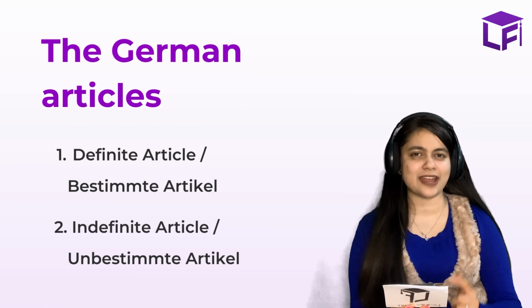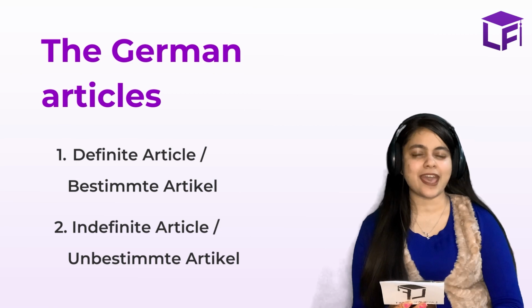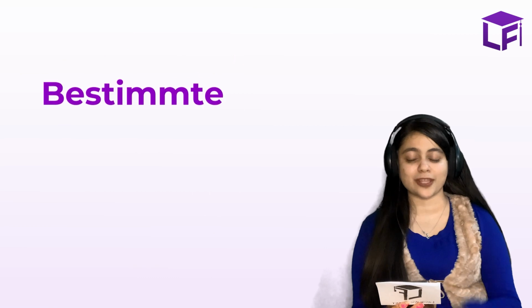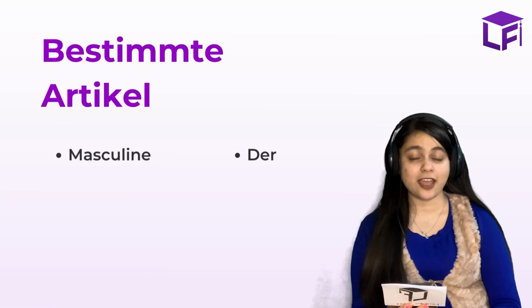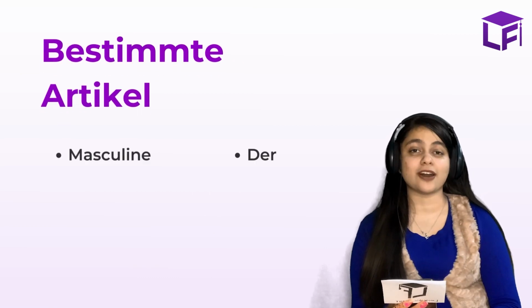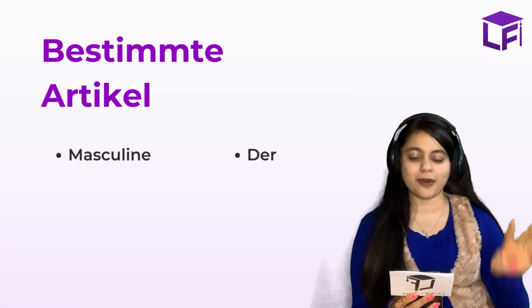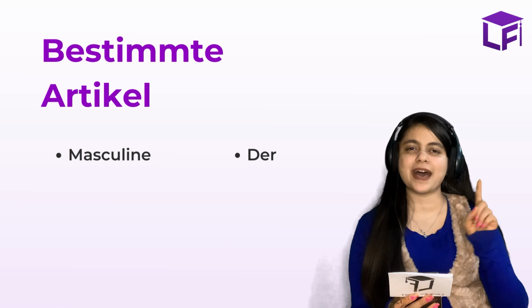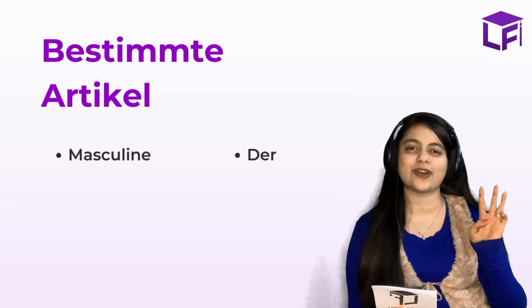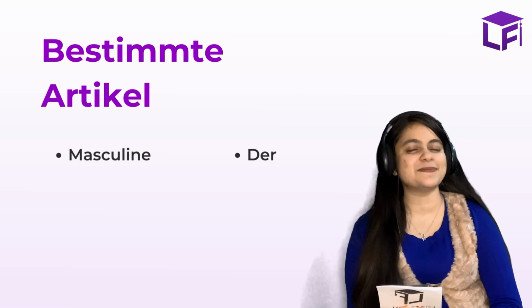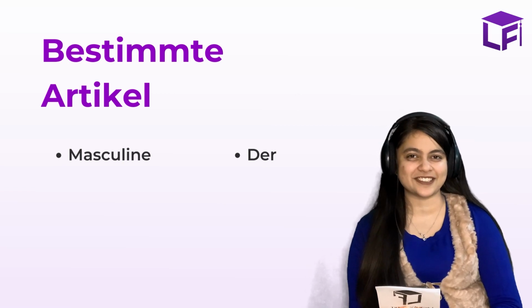Now let us understand what bestimmte articles are like and what the unbestimmte articles are like. Talking about the bestimmte articles, we write them in accordance with the genders. So, talking about the three German genders, masculine, feminine and neuter. And also, let's not forget the plural in the definite articles.